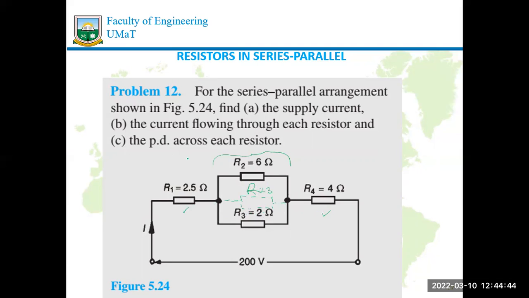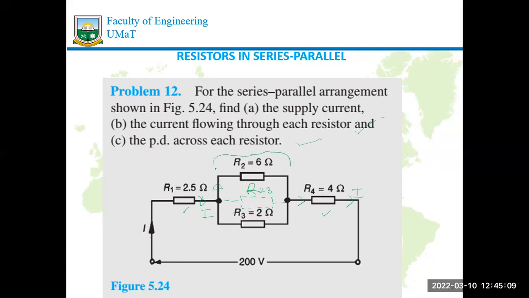So we are told to find the PD, the voltage drop across each resistor, and also the current flowing through each of the resistors. So we know the current that will flow through R1 will still be I. The current that will flow through R4 will still be I. However, at this point, we'll have two paths for the current.